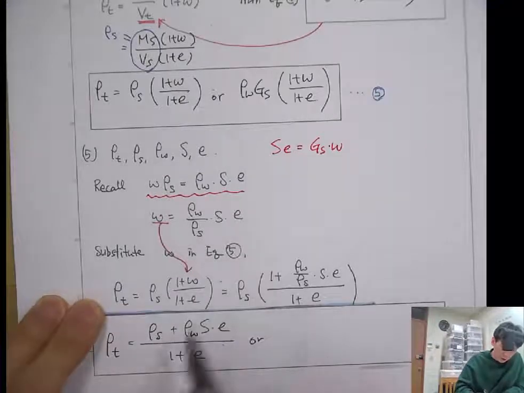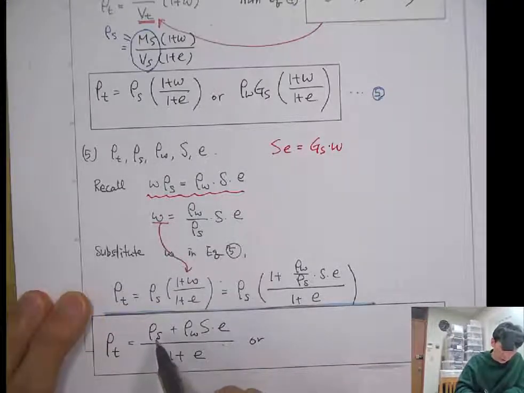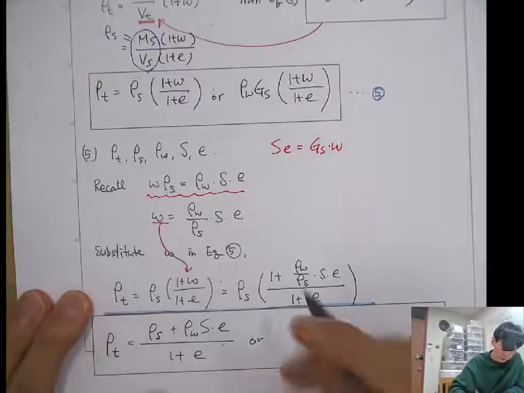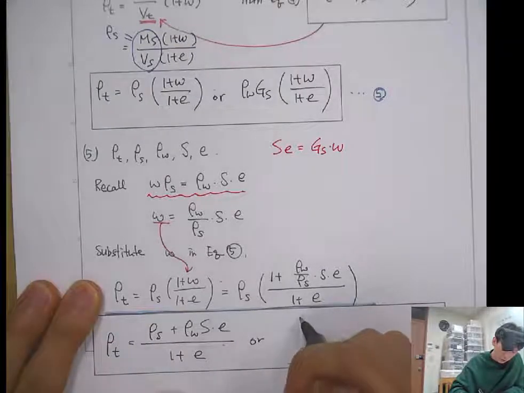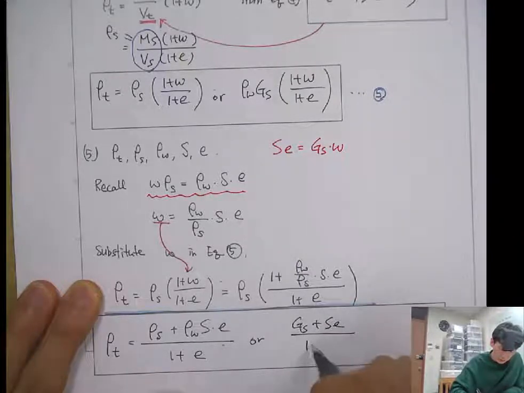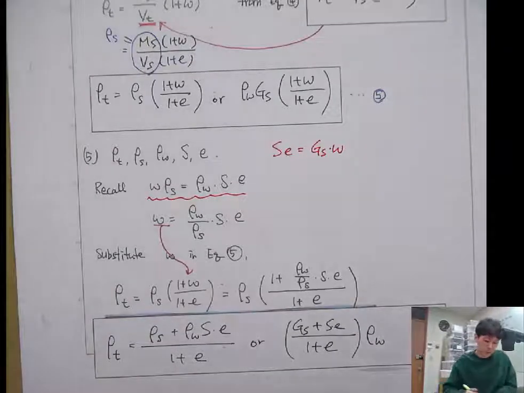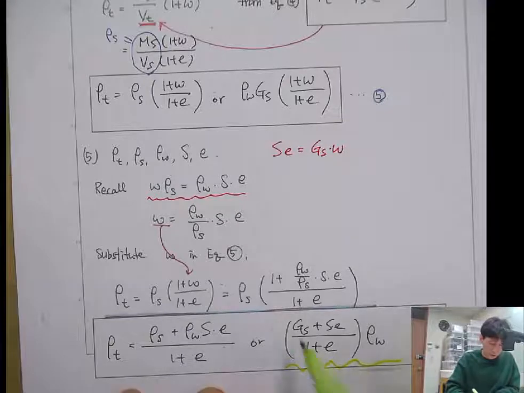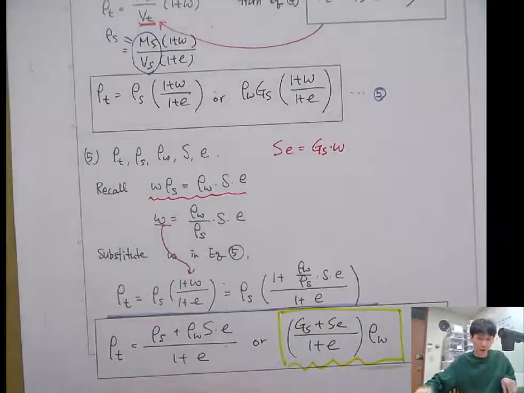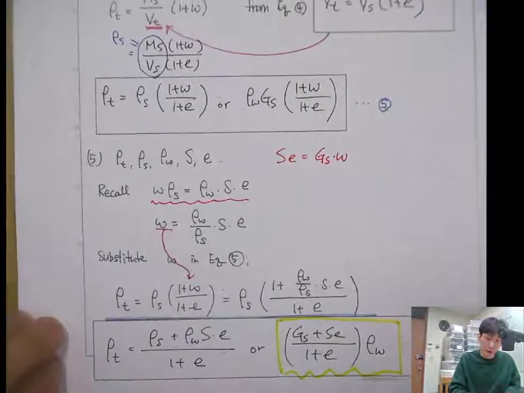Or you can use rho w and Gs to express rho s. Then it's Gs plus S times e over 1 plus e, times rho w. This is typically used quite a lot when you compute the total density.